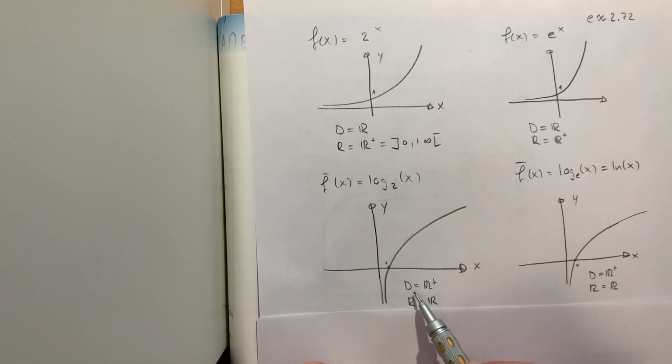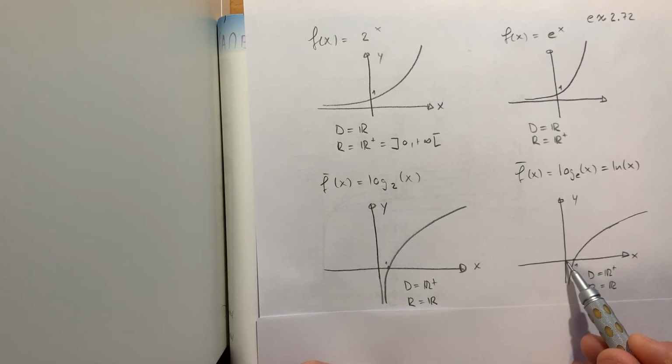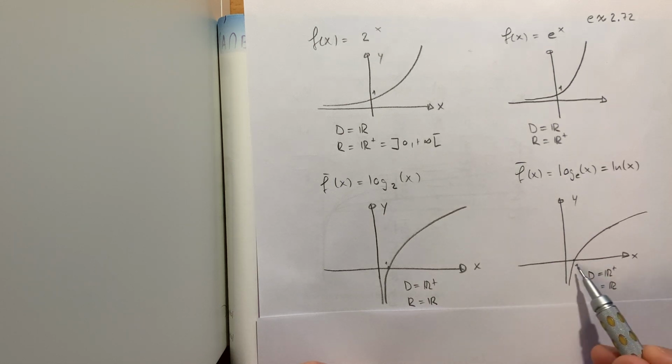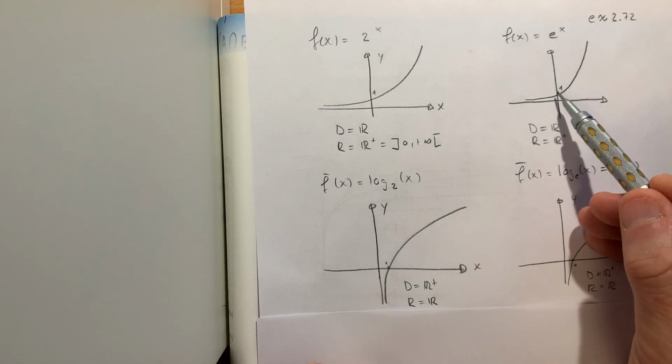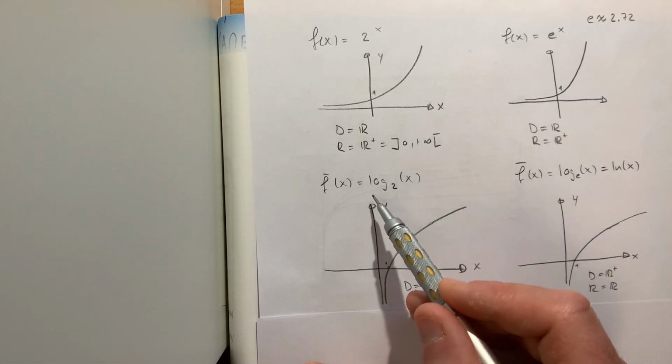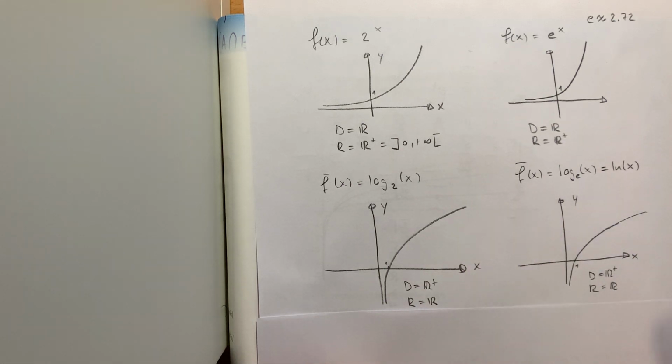But now the domain is R plus and the range is R. The domain is only defined for all the numbers greater than 0, so from 0 to plus infinity, 0 not included. So function, inverse function. We are talking about the logarithm functions. So what is the connection between these two?